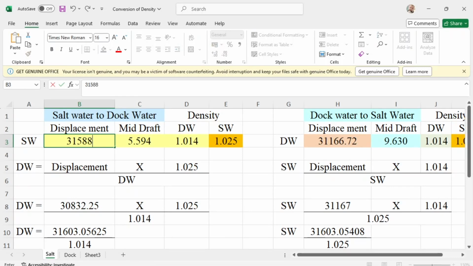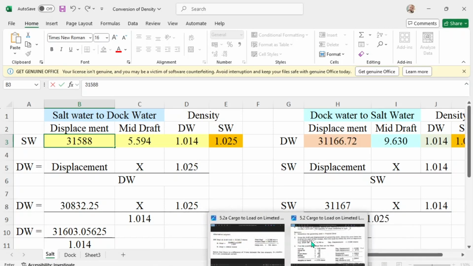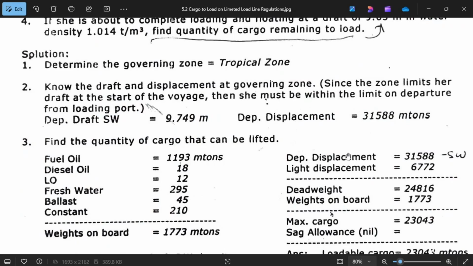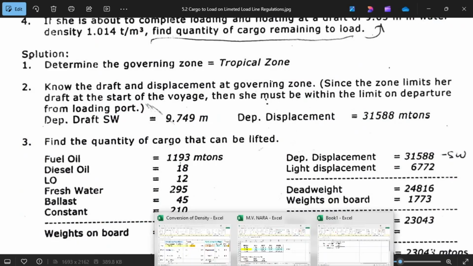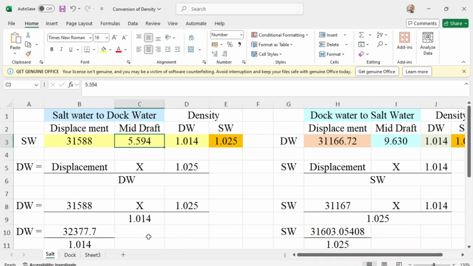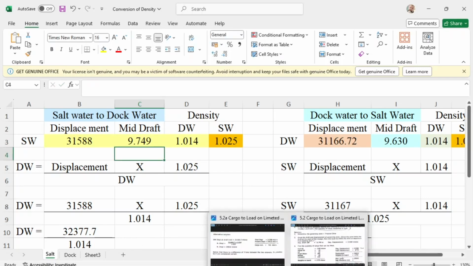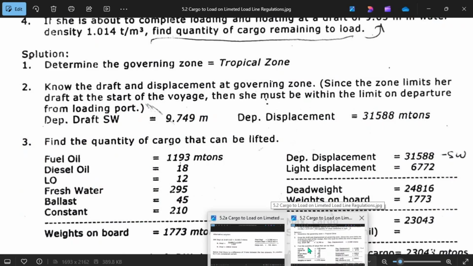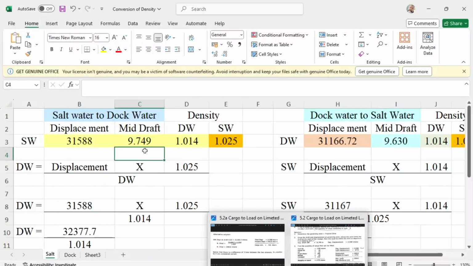Is that correct? Salt water 31588, draft 9.749. That is salt water, okay?